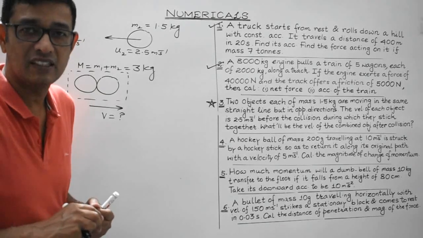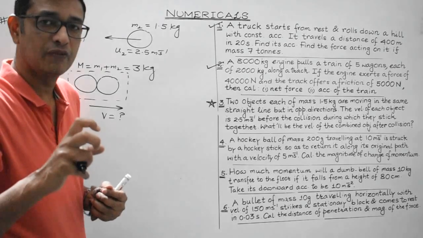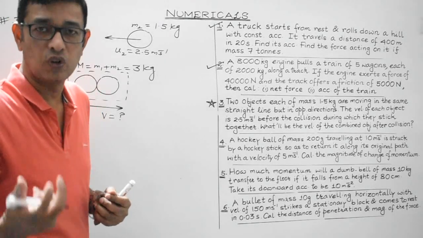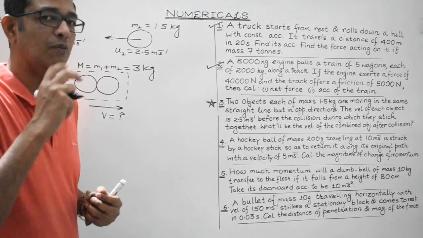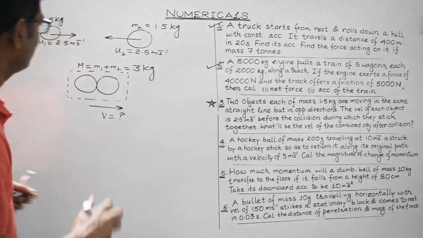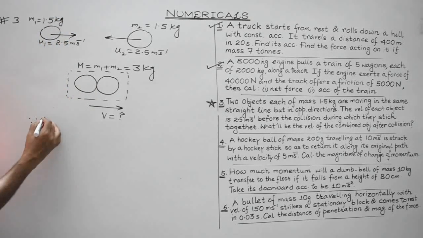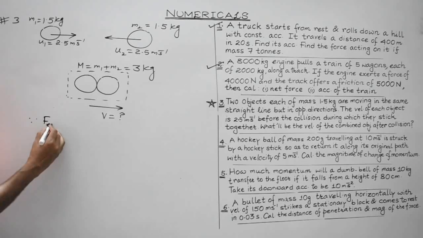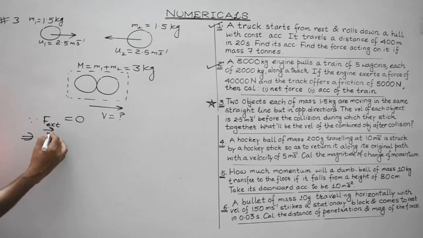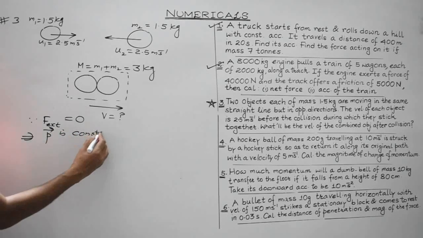What I mean to say is that the initial momentum of the system is equal to the final momentum of the system. That is, since net external force is equal to 0, it implies that momentum is constant.